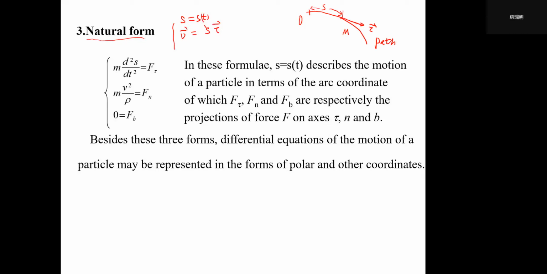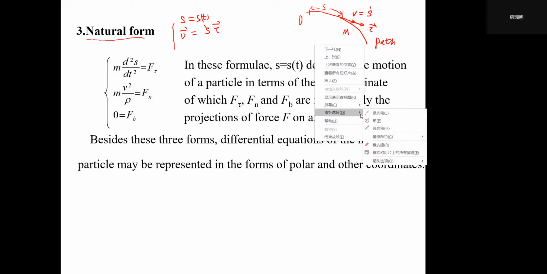So here we can draw its v, and its magnitude equals s dot. Then I will change to another color to review this.